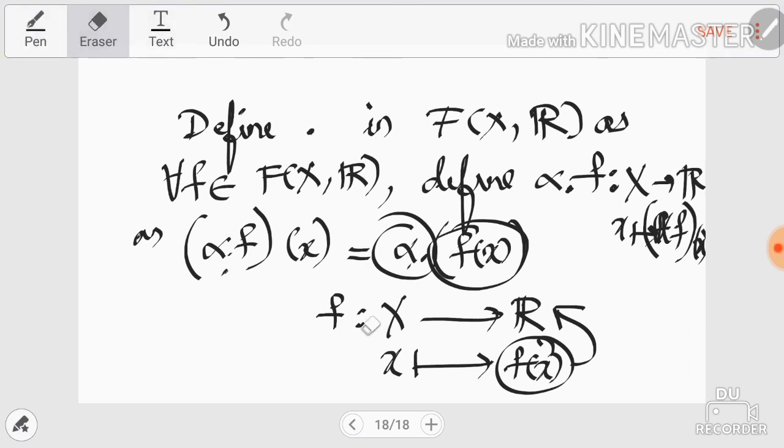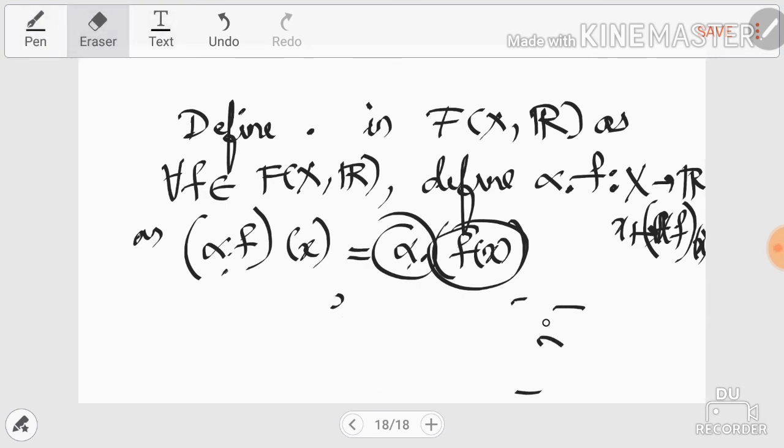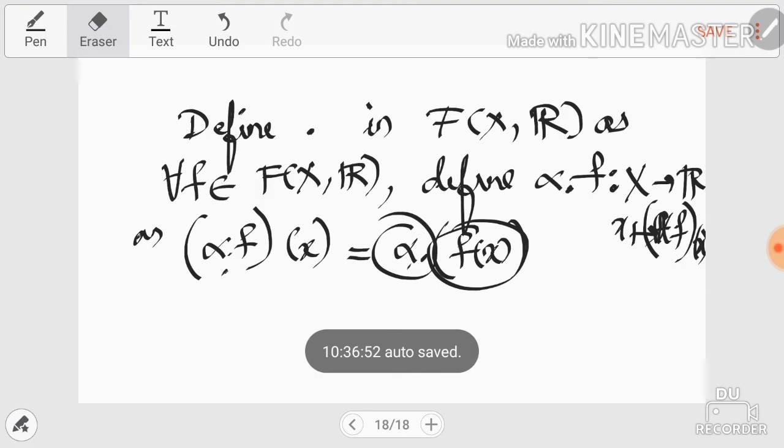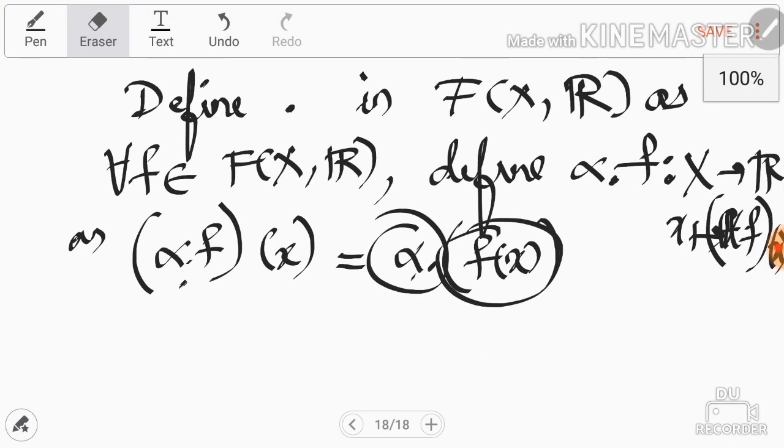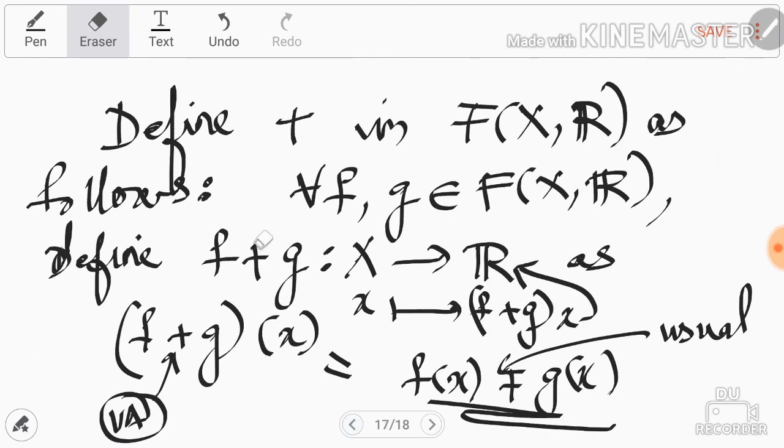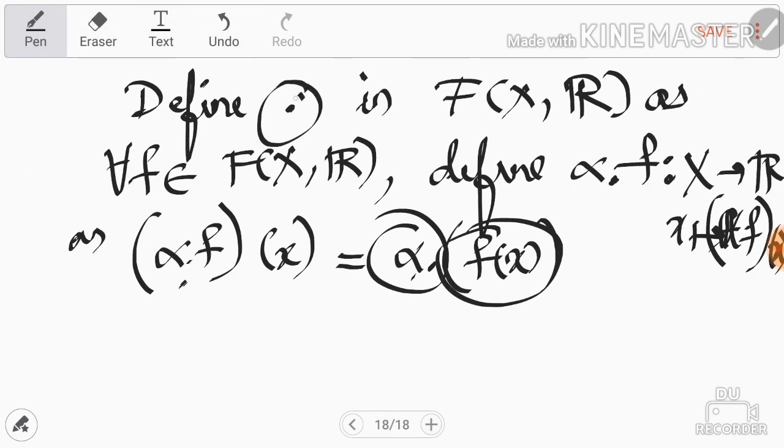So that gives me the definition for scalar multiplication as well. You can again check that this vector addition and the scalar multiplication will satisfy those 10 properties that we just discussed. You can verify it.